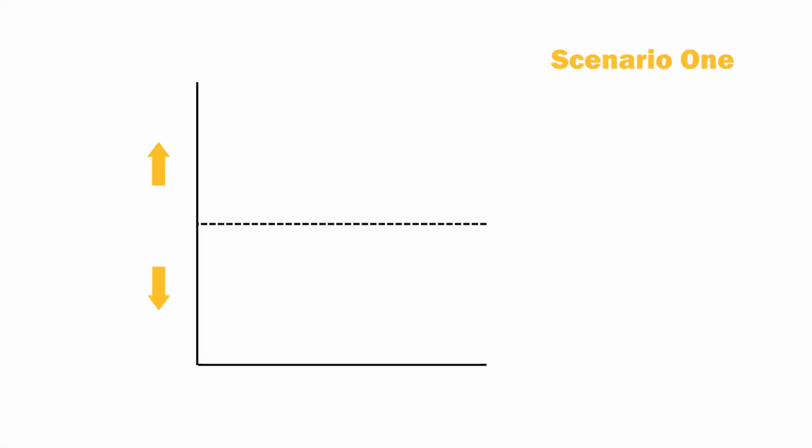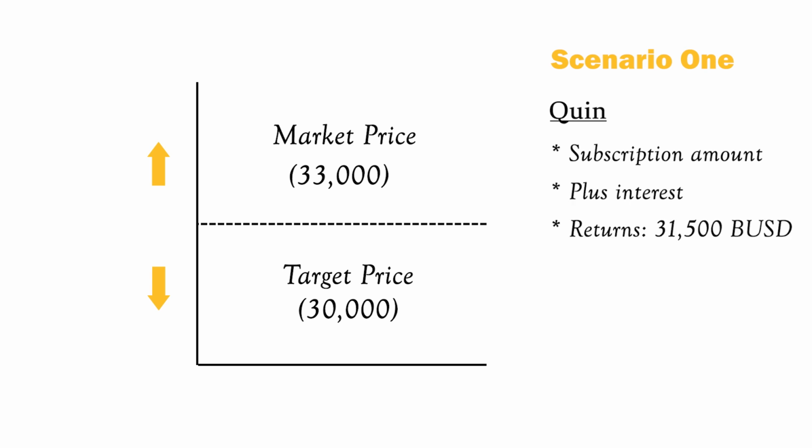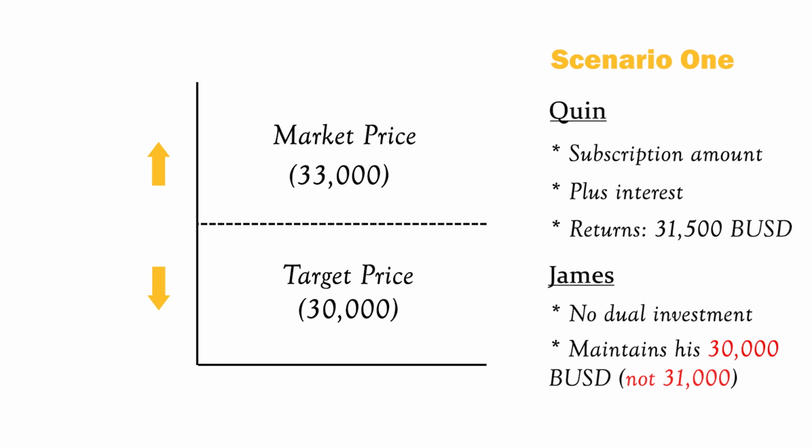In scenario 1, the market price, which is 1 Bitcoin at 33,000 BUSD, is above the target price, which means the order does not execute. Queen will get her subscription amount plus interest income totaling up to 31,500 BUSD. James, who chose not to make a dual investment, will maintain his 31,000 BUSD.